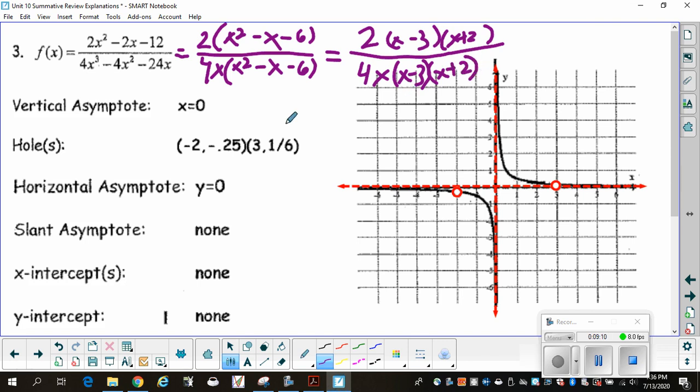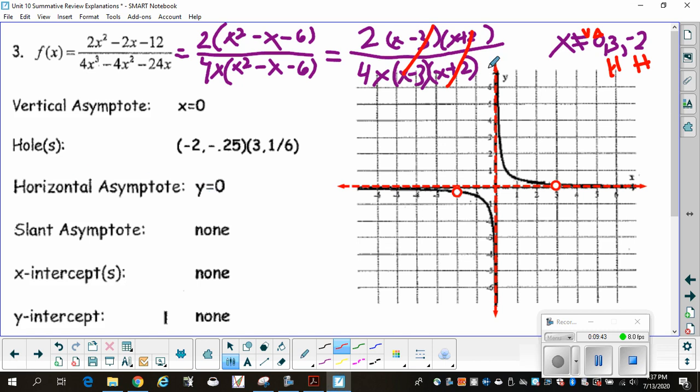All right, so now I know that x, my restricted values, cannot equal 0, 3, or -2. And then I come along and I know that the x minus 3's cancel and the x plus 2's cancel. So therefore, at 3, I have a hole, and at -2, I have a hole, and at 0, I'm going to have a vertical asymptote.